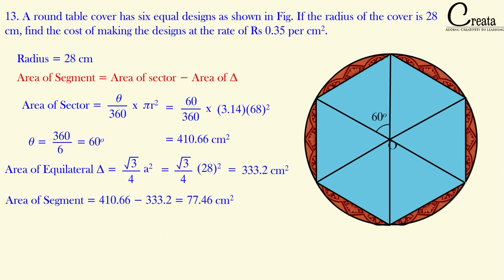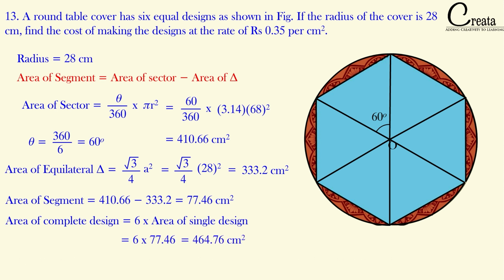We got the area of one design. Let's find the area of all 6 designs, which will be 6 times the area of the single design. Let's put the value. We got the area of the 6 designs as 464.76 centimeter square.